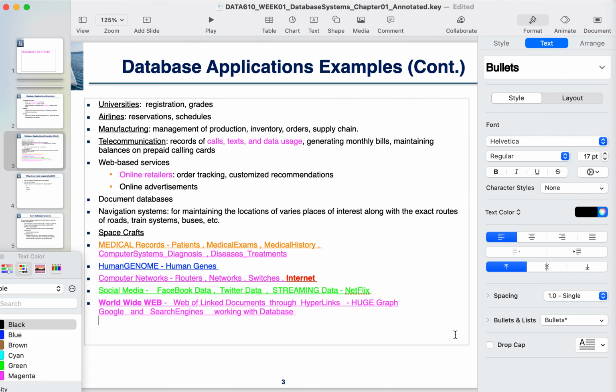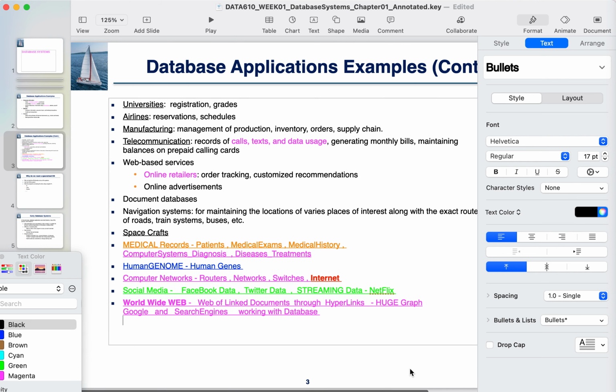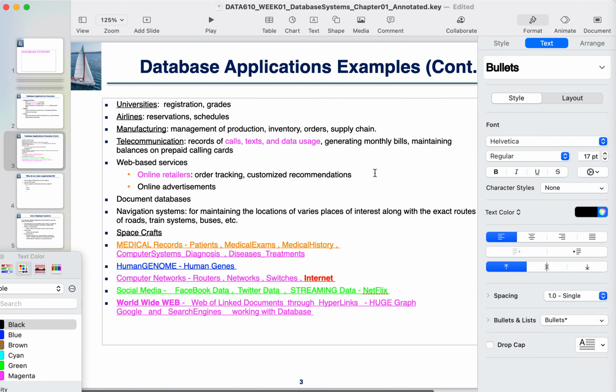So, as you can see, databases are very important and they're very widespread, and you have many uses. From computers, social networks, web pages, to biological and medical data, to spacecrafts, to manufacturing of cars, for example, different machines, right?